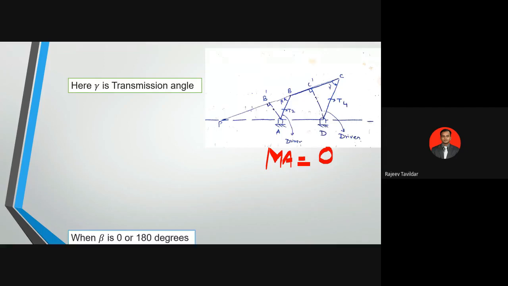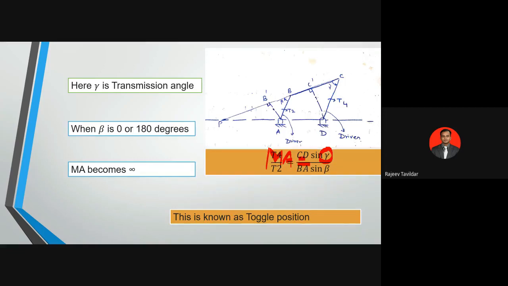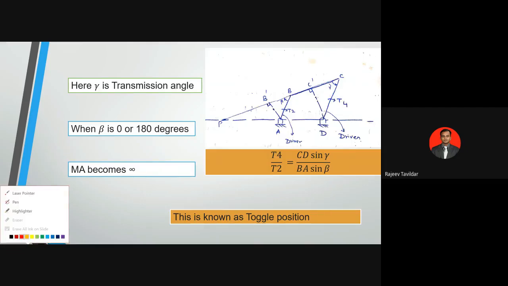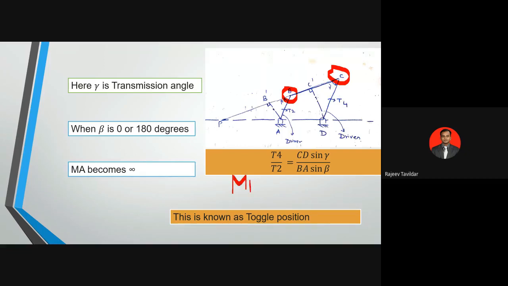But even in case the mechanical advantage is not zero, but it is an extremely small value, that is if gamma is only 10 degrees or 20 degrees, even in this case, the mechanical advantage will be small, and even a small amount of friction at the particular joints, say B and C, will be sufficient to overcome the smaller value of mechanical advantage, and which will again further result in this going to zero.